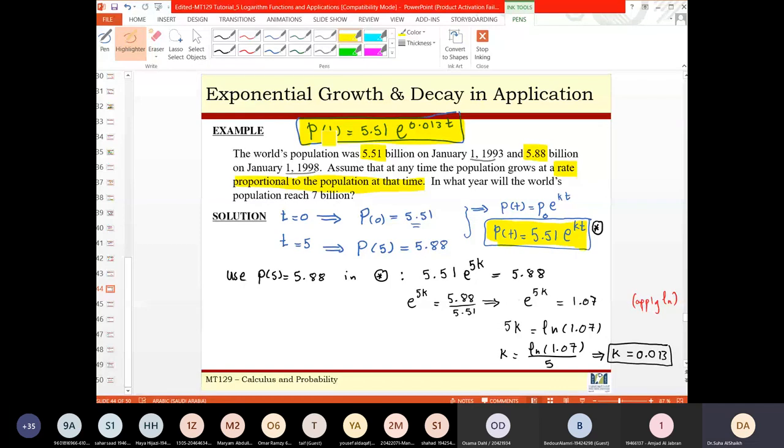You got that? هذا السؤال indirect، يعني ما أعطاني ال k ولا أعطاني ال p naught. I have to find them knowing كم كان ال population at the time 0 and how much is the population after 5 years. Now, the question here is not to find the formula actually. The question is, in what year will the world population be 7 billion?